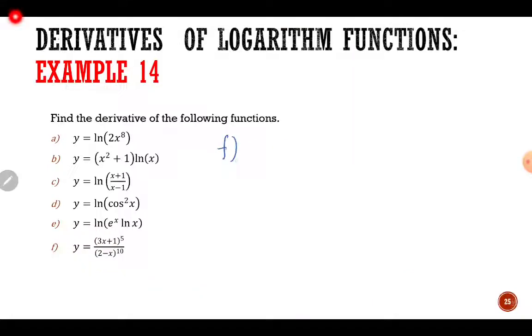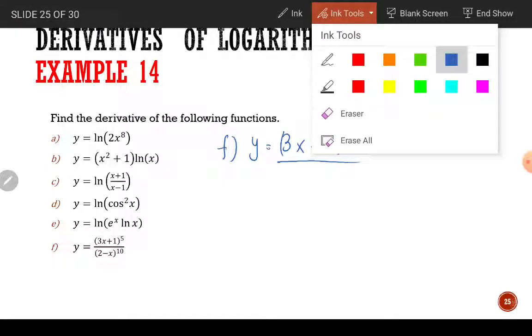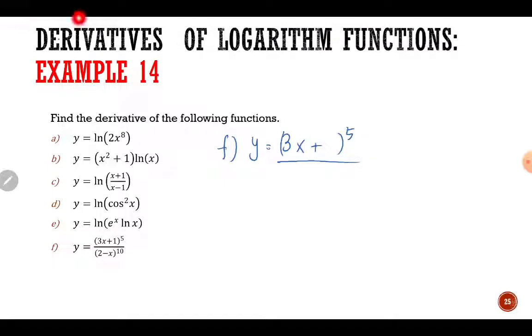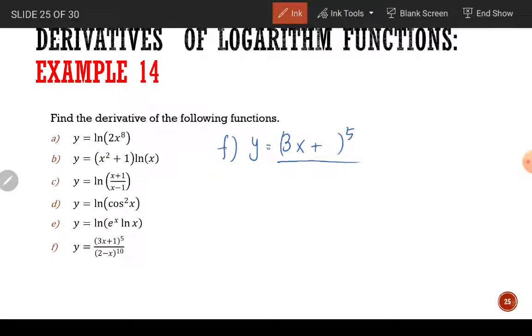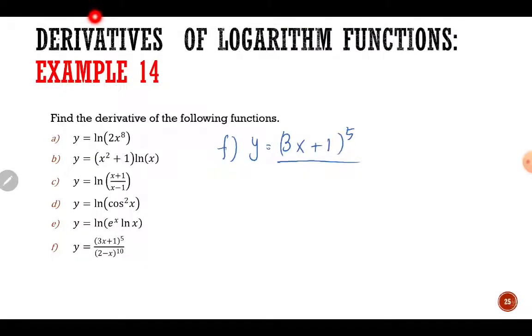Okay, F, if you look at the question now, it's quite complicated. Right? 3x plus 1 to the power of 5, divided by, not power of 5, plus 1 only, plus 1 to the power of 5, and then 2 minus x to the power of 10. If you look, there is no log here, so why is it suddenly in derivative of logarithmic function? This one we can solve. Can we solve this? Of course, you may.